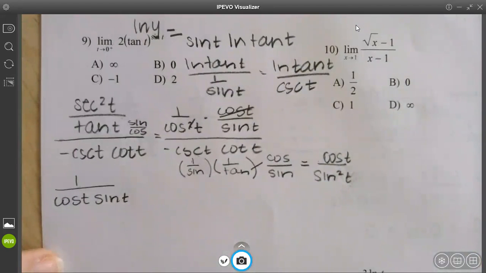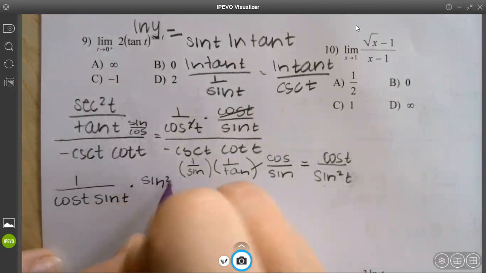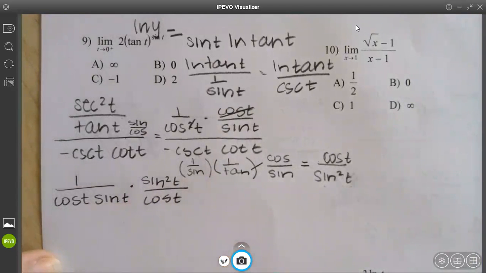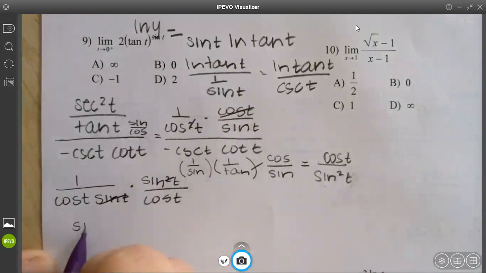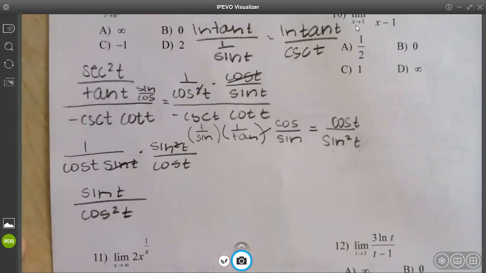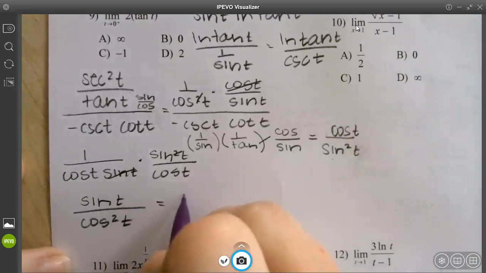But instead of dividing by a fraction, we're going to have sine squared t over cosine t. What happens? One of your sines cancel out. So we get sine t over cosine squared t. And we can direct substitute 0.